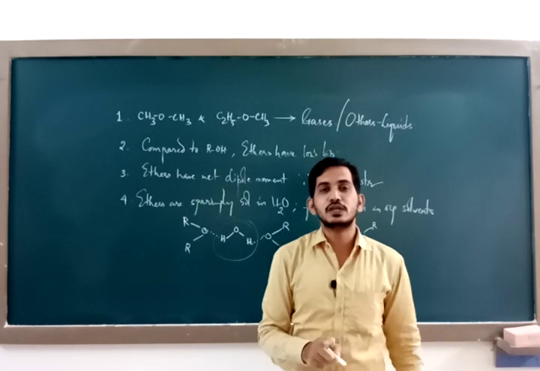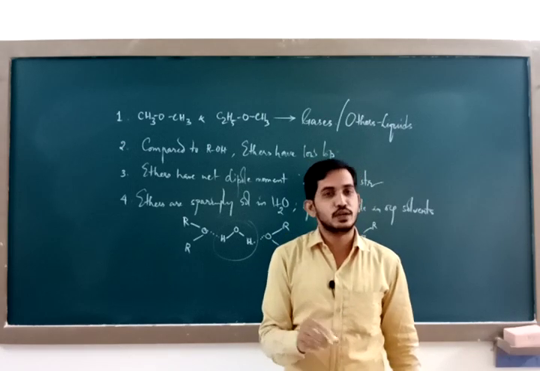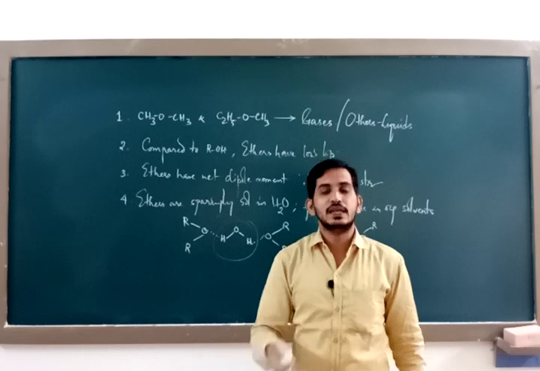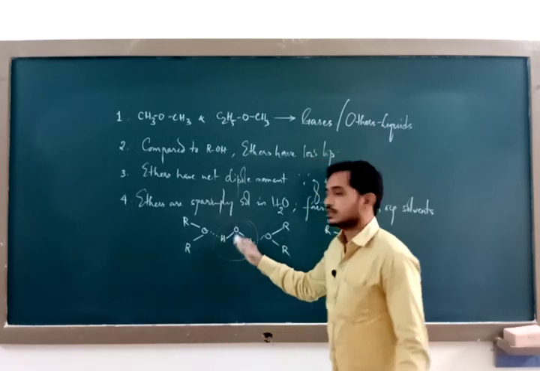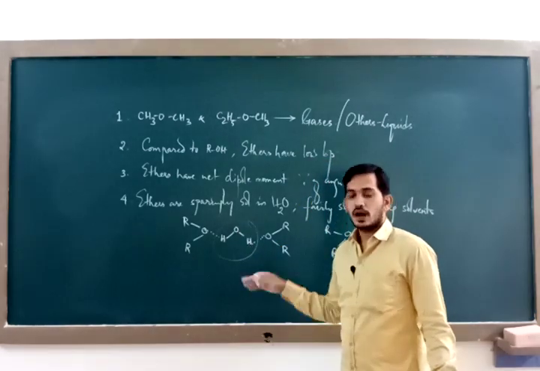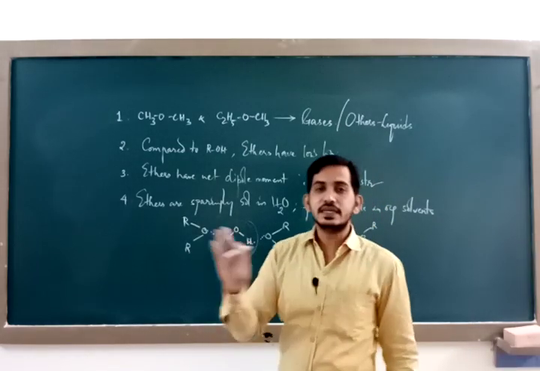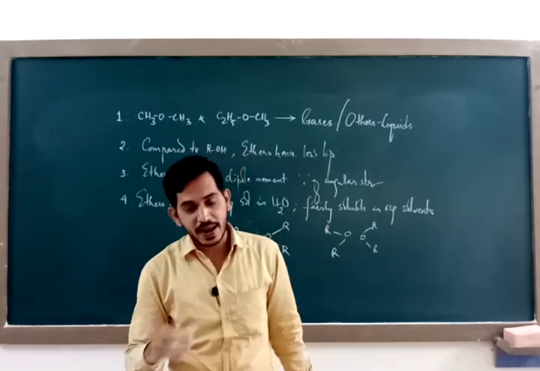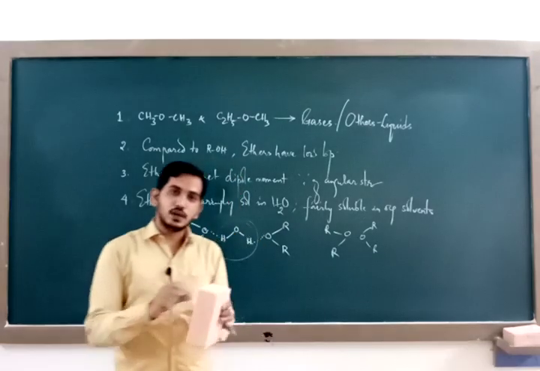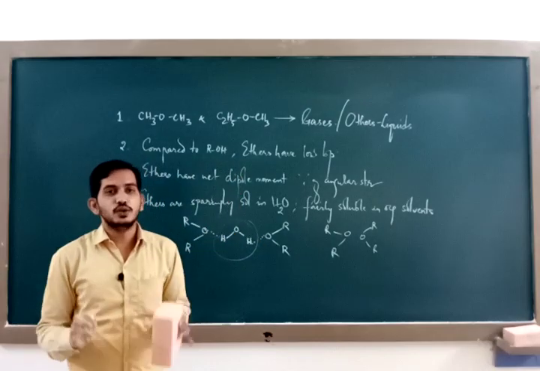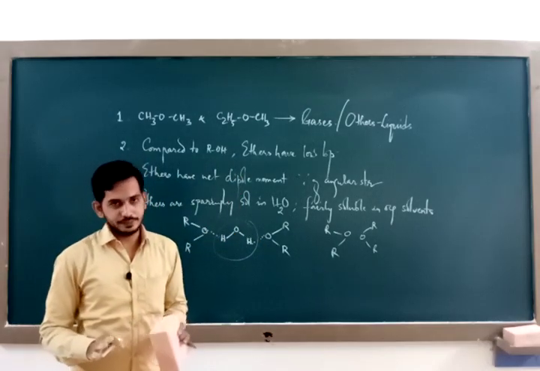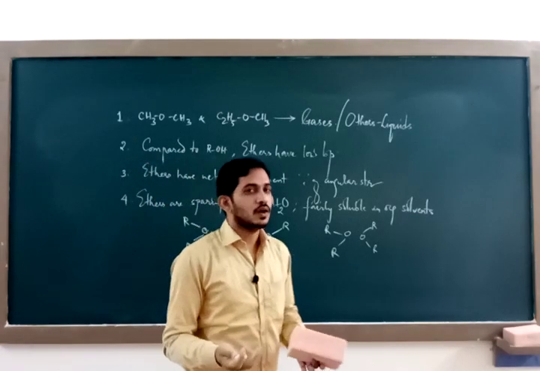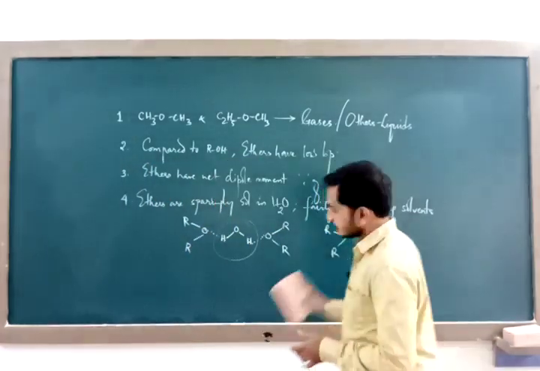So, lower members of ethers are soluble in water, that too sparingly. Very less soluble in water because they show slight hydrogen bonding. However, as molecular mass increases, as the number of carbon atoms increases, as the alkyl group chain increases, solubility decreases. They are however soluble in organic solvents.